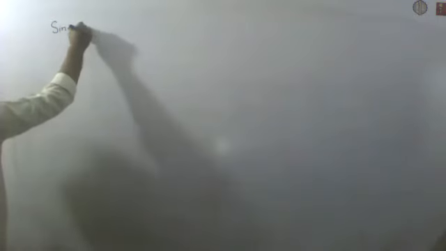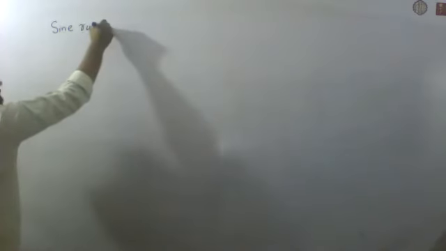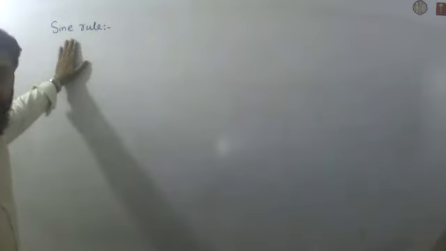Now we are going to start with sine rule. Here is the sine ratio. Sine ratio is only applicable when we have a right angle triangle, a 90-degree triangle. And then we have the sine rule.